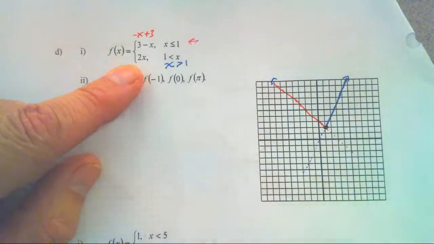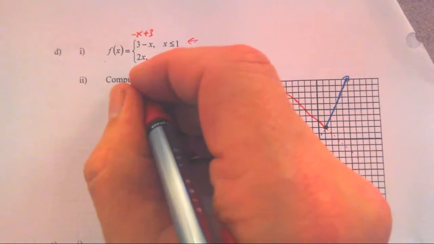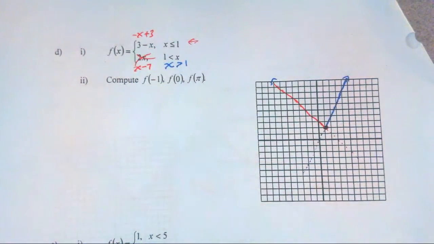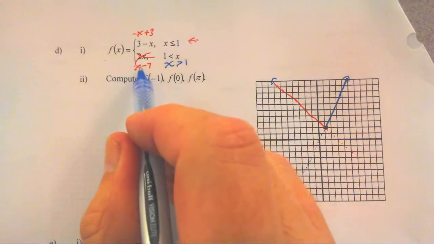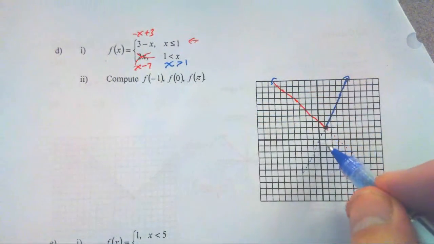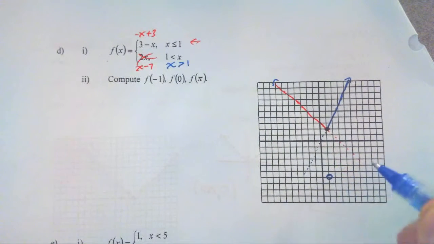Now, you could t-chart this if you wanted. I want to point one thing out here. Let's say this was x minus 7 instead of 2x. If it was, you don't need to write this down. When I put 1 in here, I'd get -6. So I'd have my red line, then I'd jump down to here, and I would have a circle there. Is that clear?